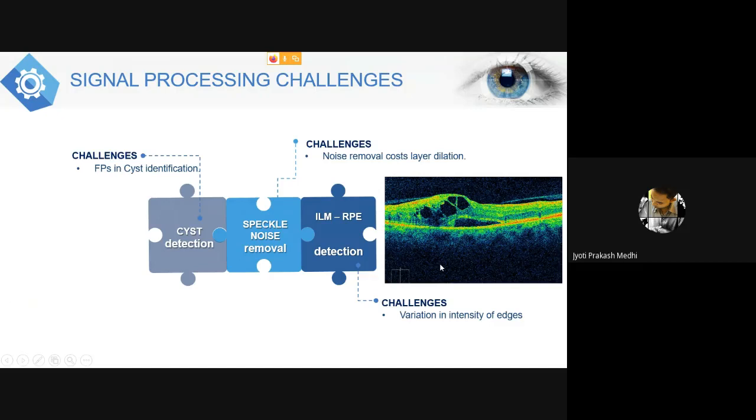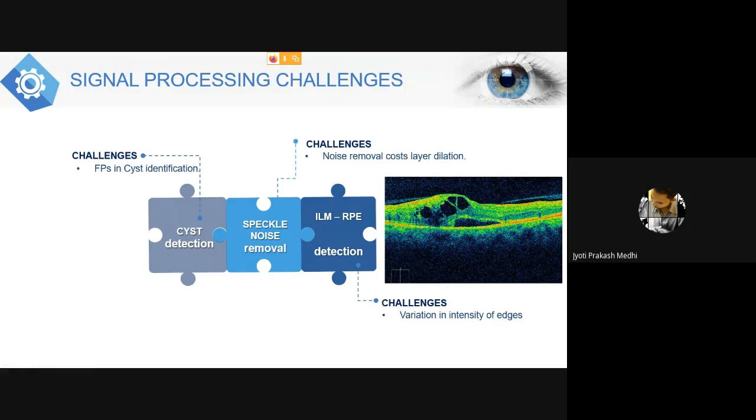Then the third challenge that we find in cyst identification is the false positive regions which may get identified as cysts. This occurs due to the presence of a similar background.